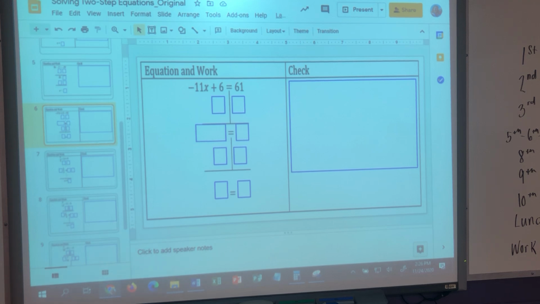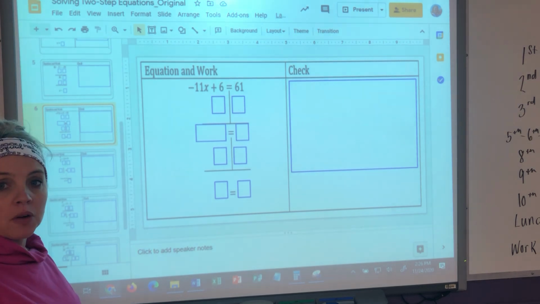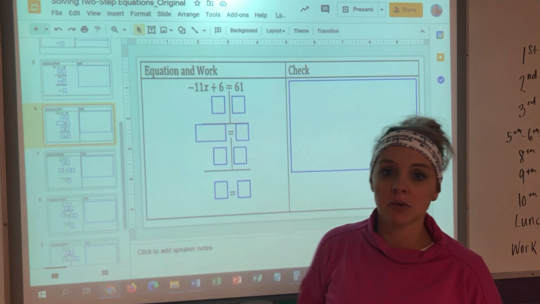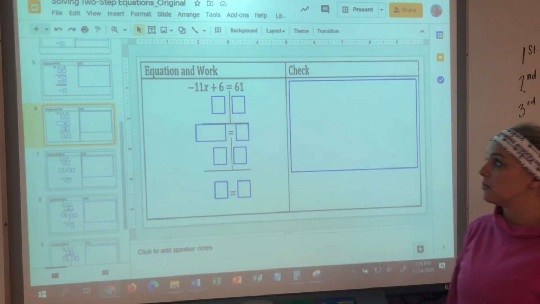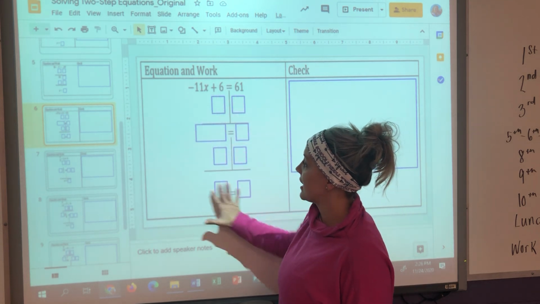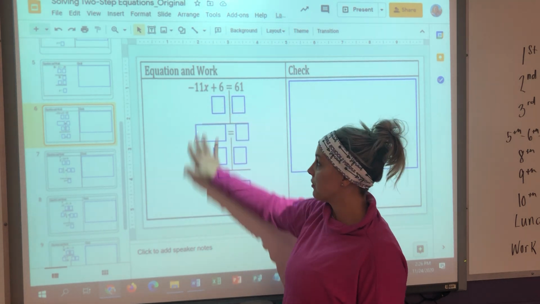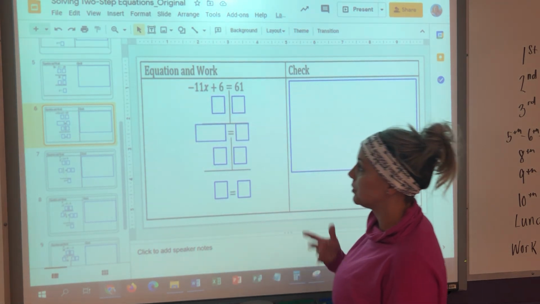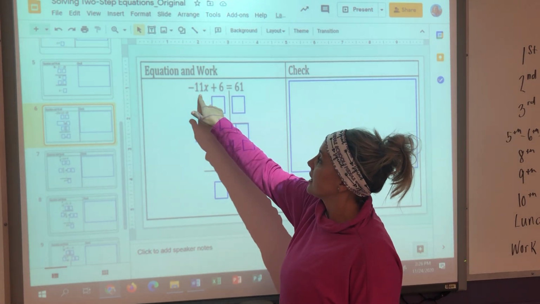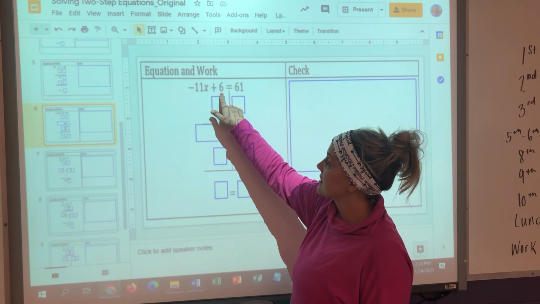So again, hopefully you have unpaused your video because you are ready for the answer. Negative 11x plus 6 equals positive 61. You can see here there are a lot fewer boxes for you, so hopefully you realized that you had to fill those in yourself. So negative 11x plus 6.